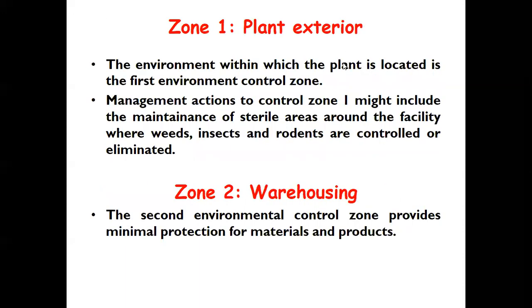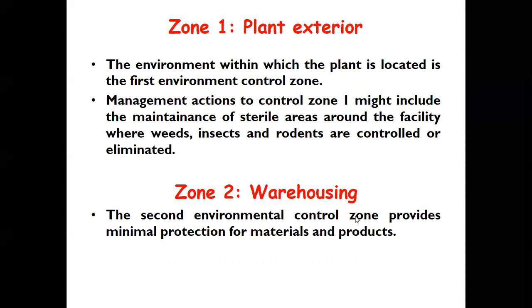So zone 1 is plant exterior. The environment within which the plant is located is the first environmental control zone. Management actions to control zone 1 might include the maintenance of sterile areas around the facility where weeds, insects and rodents are controlled or eliminated.